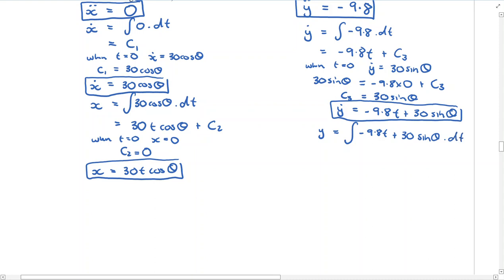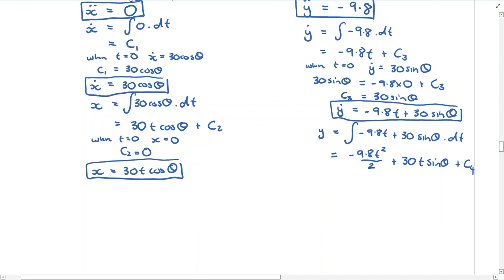So the first term, the negative 9.8 t, when you integrate, you will add 1 to the power and it will become a t squared, and you'll divide that by 2. So that will become a negative 4.9 on the next line when I simplify that. The 30 sine theta, that's a constant, so it's going to be 30t sine theta plus my fourth constant.